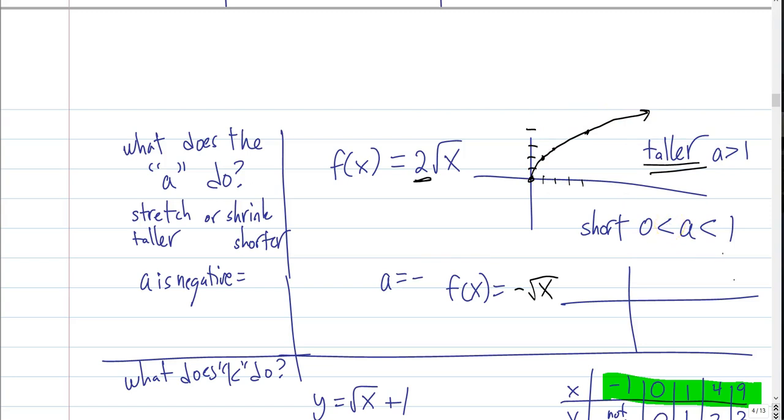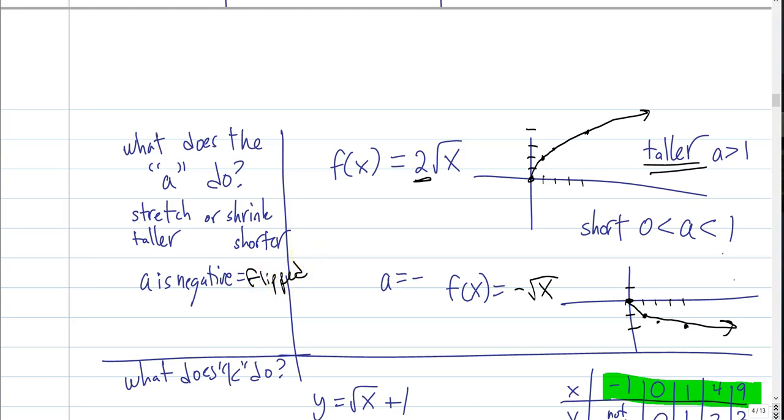What if the a is negative? All that does is make all the y values that we got a negative. So 0 would still be 0. 1 no longer would go up to 1. It would make it a negative 1. 2 would now go to negative 1.4. And 4 would now go to negative 2. The graph looks just like the other one. It's just been flipped.